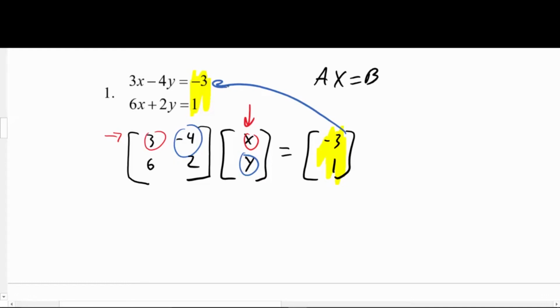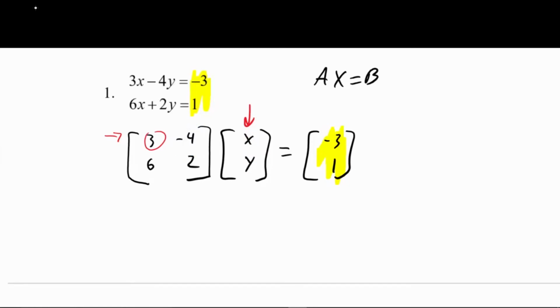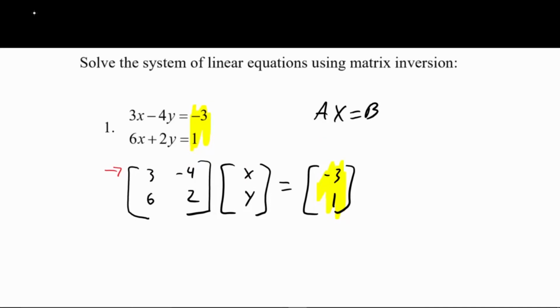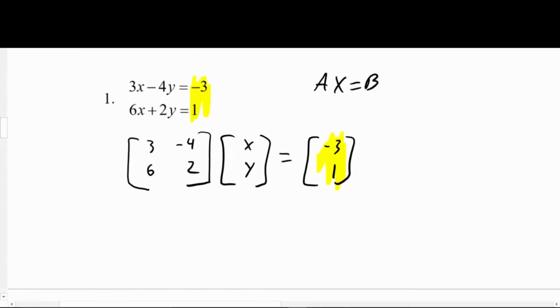You'll notice writing it this way builds our equations. So it's just a way of taking your equations and rewriting them in a matrix. It gives a different look, and you'll see it's helpful in certain scenarios.